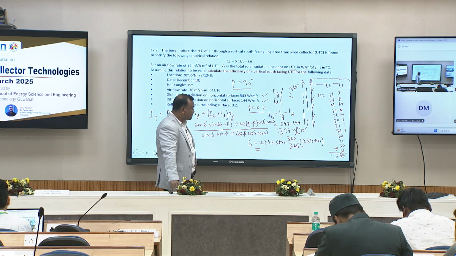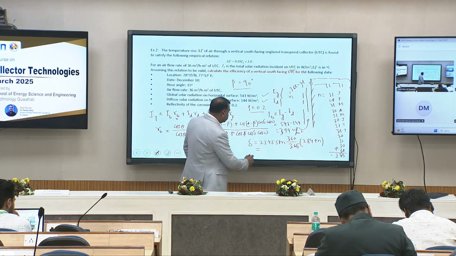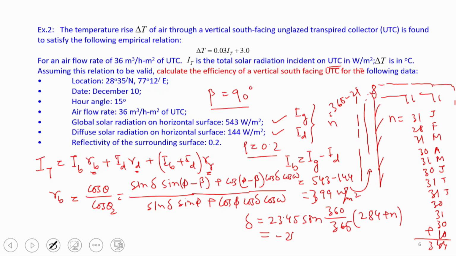What is delta? Zero 4, right? 0.49. Okay. So now what is phi?